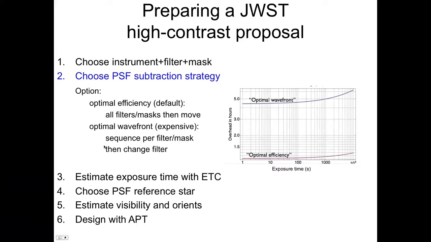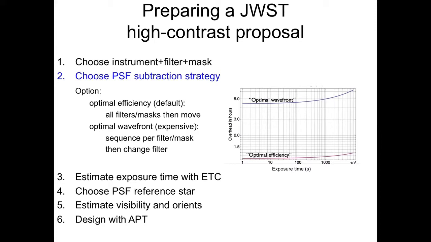All right, also different options. Say you're interested in observing a given target with different features. You can adopt two strategies. The best one should be to observe your target, then to do the roll, then to go to the PSF reference star using the same filters and the same mask, so that you minimize the time between the different observations.